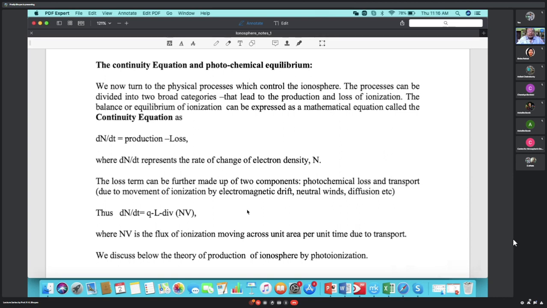One, you have loss due to the chemical reaction between the species. Once O plus and E is created, say you break one atomic O to O plus and E by your solar ionizing radiation, extreme ultraviolet at the particular frequency for ionization of O. If it is sufficiently strong, it will ionize, meaning it will separate O to O plus and E, okay?